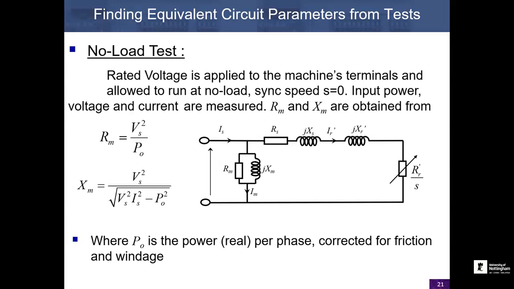What that means is we can simplify our equivalent circuit down to just the magnetising branch. So if we know the supply and the power consumed, we can then come up with real concrete values for magnetising reactance XM and our iron losses RM.